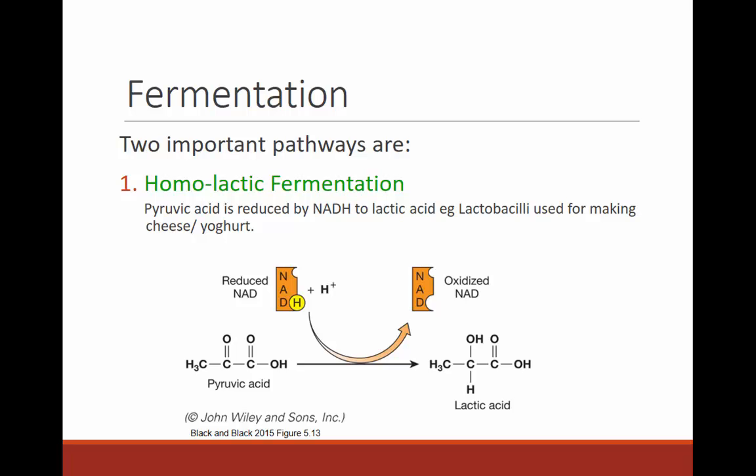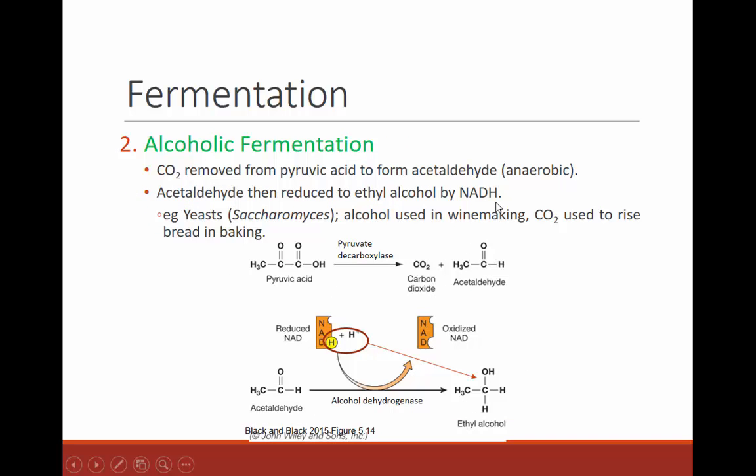So they're the bacteria that produce our yogurt. Okay? Some of the lactobacilli, depending on the species, can be used for producing different types of cheeses as well. Okay, but it's basically pyruvic acid goes to lactic acid, and you have the lactobacilli doing that.